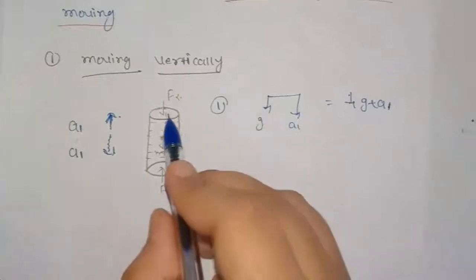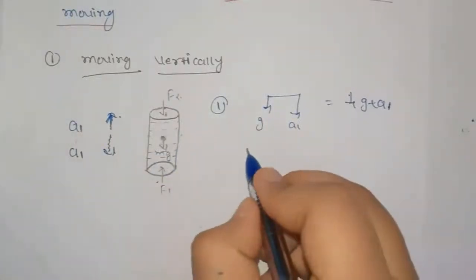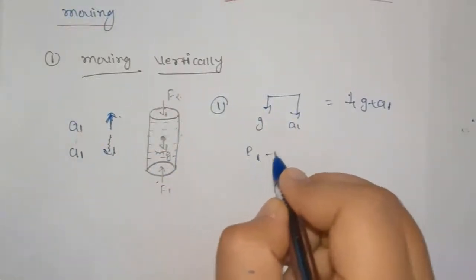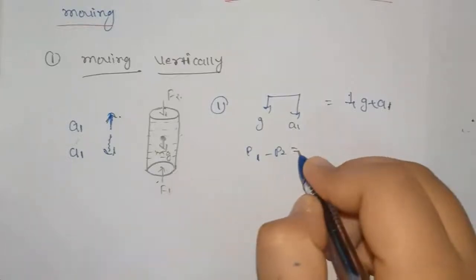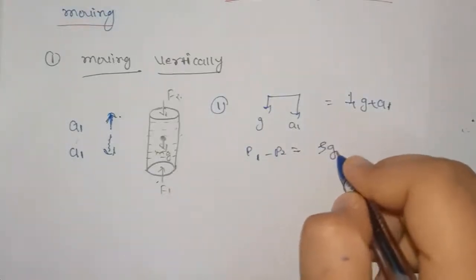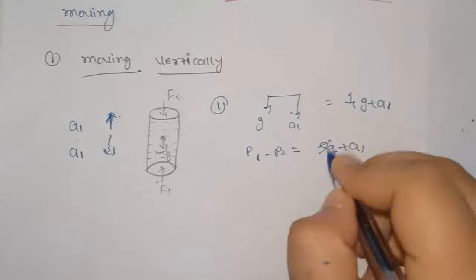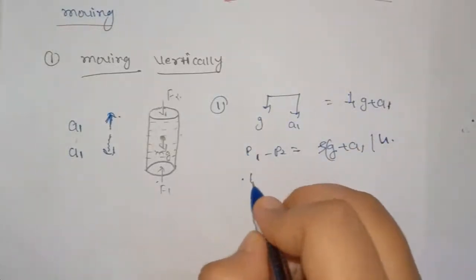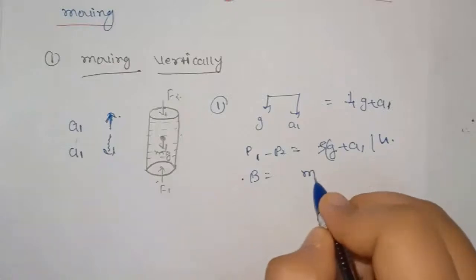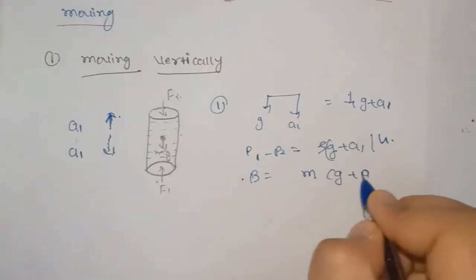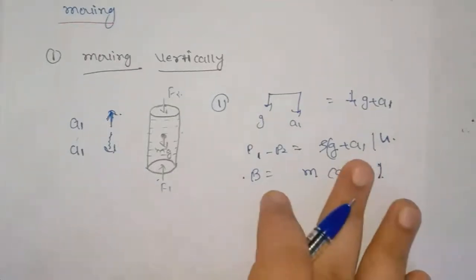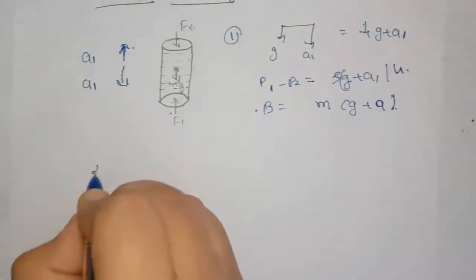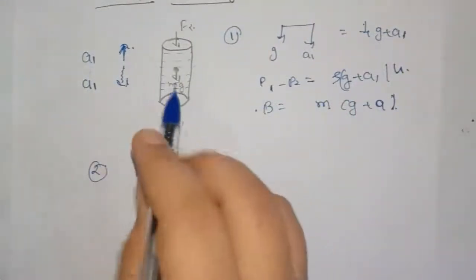So the pressure difference between 2 points will be P1 minus P2 is equal to rho (g plus a1) h. And if we want to find the buoyant force, that will be equal to m into (g plus a).